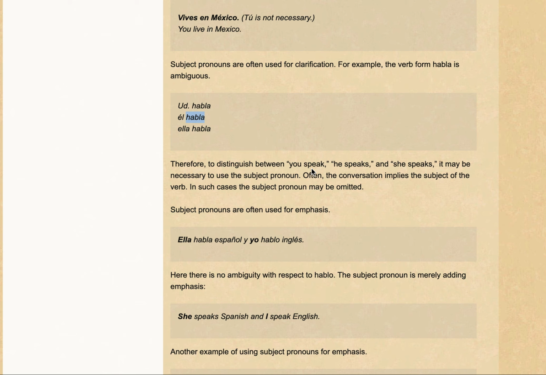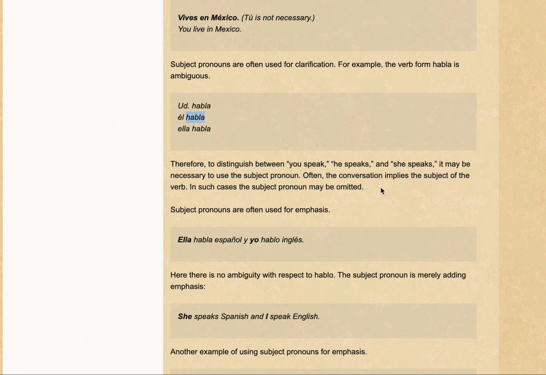So to distinguish between you speak, he speaks, and she speaks, it may be necessary to use the subject pronoun. In those cases you would have to explicitly mention the subject pronoun with the verb, because it is ambiguous.